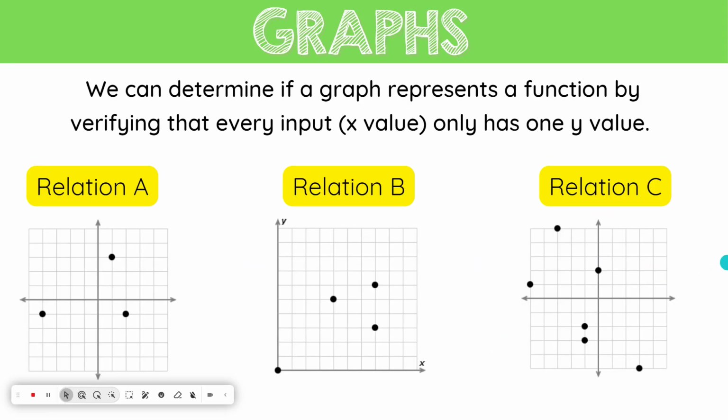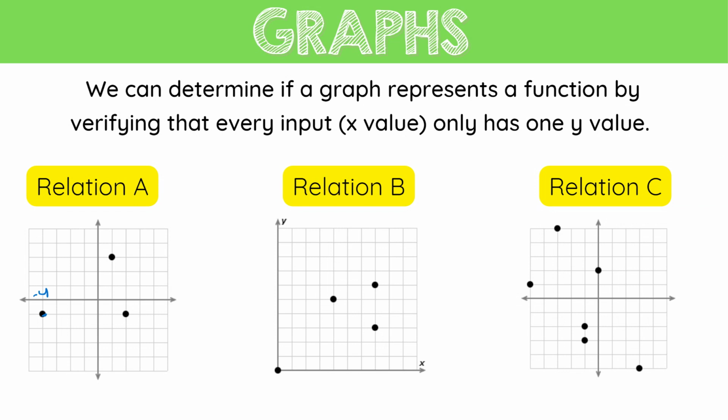And the last visual that we'll see are graphs, and we're going to see if it's a function by verifying that every input, or x value, has only one y value. So we're just going to check all of these points. Let's say we're looking at this point right here. This is at the x value negative 4. We don't really need to know the exact numbers to decide if it's a function.